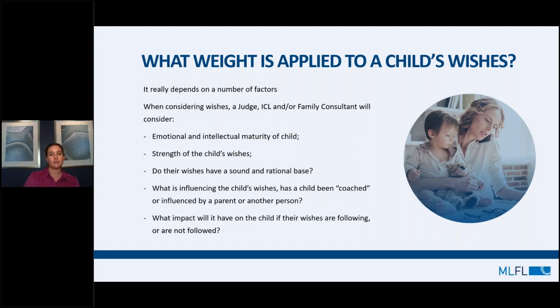For example, if you have a 15-year-old saying, I want to live with dad, we consider what's the impact going to be on that child and on their self-determination and ability to make those decisions moving forward if it's not followed by the court. Parents hopefully aren't telling their kids that they're able to make the decision at some point. Again, it is assessed on a case-by-case basis.